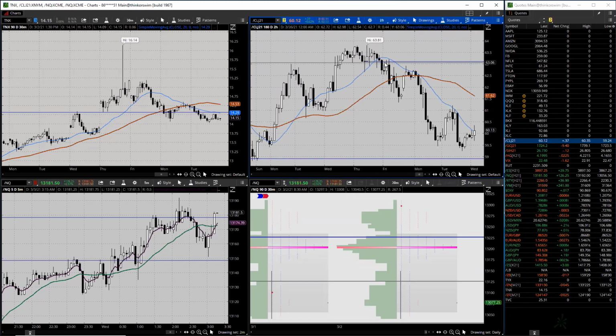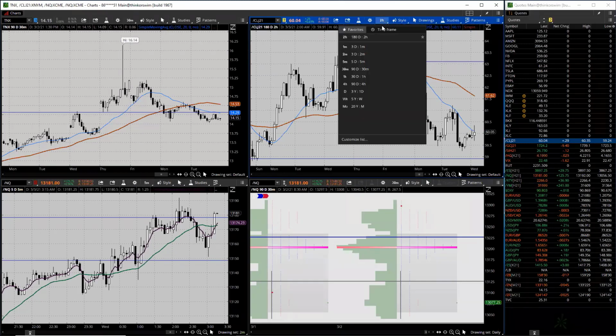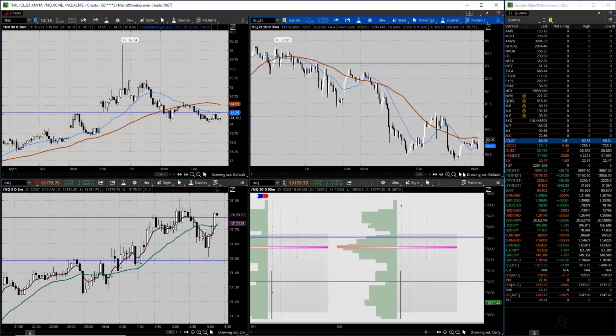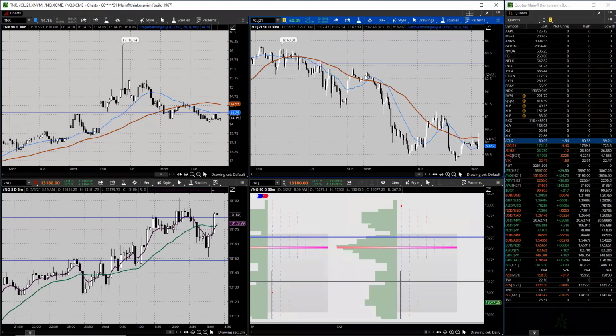I think we looked at it on the 30-minute, if I remember correctly, because I was talking about using the moving averages. I was saying about using the 927.